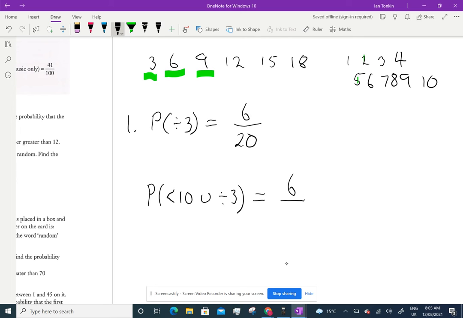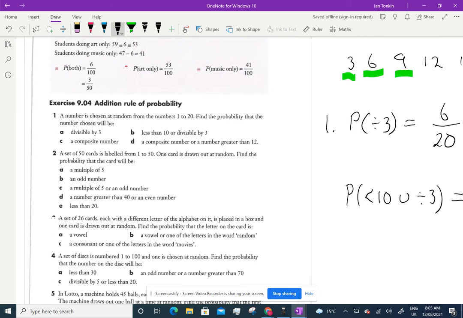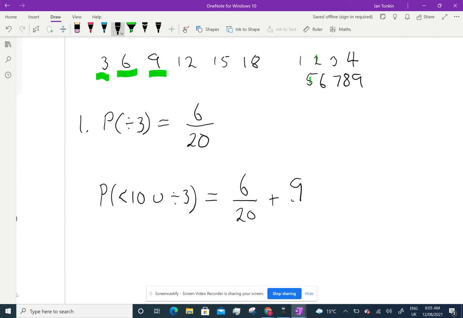It's 6 on 20 plus, hold on, less than 10. That one's not in it. Did it say less than or equal to? No, less than. 9 on 20, but you got to be careful, minus the 3 that we count twice.